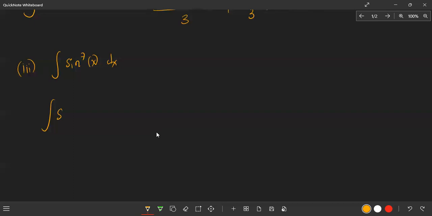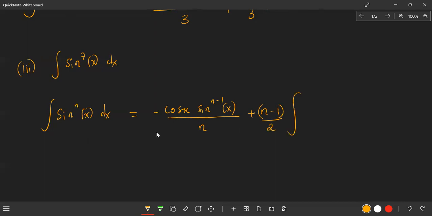First of all, write the formula for sine to the power n. The integral of sine to the power n x dx is equal to negative cos x sine to the power n minus 1 x, divided by n, plus n minus 1 over n, times the integral of sine to the power n minus 2 x dx.